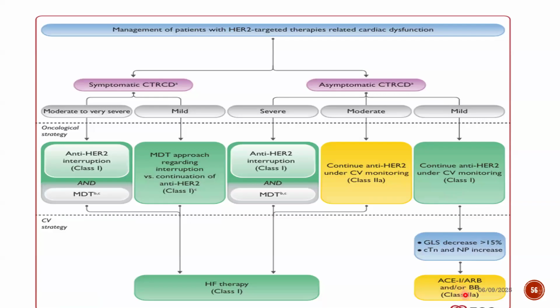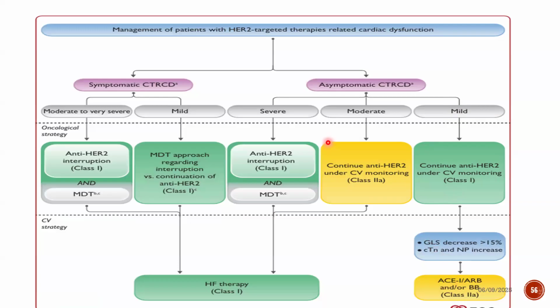So in this case, ACE inhibitor or ARB or beta blocker. Those with asymptomatic moderate CTR-CD will still continue on their cancer treatment and will require more frequent cardiovascular monitoring.